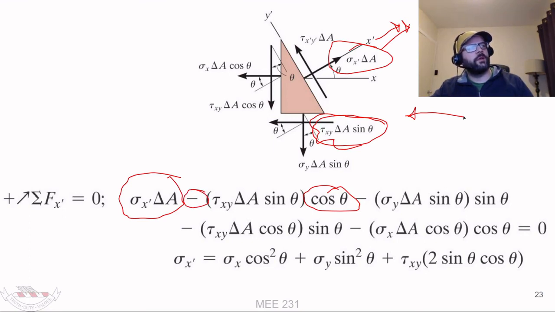Because of our theta here, we're worried about this component here, so we just multiply that by cos theta to find out what this component would be.